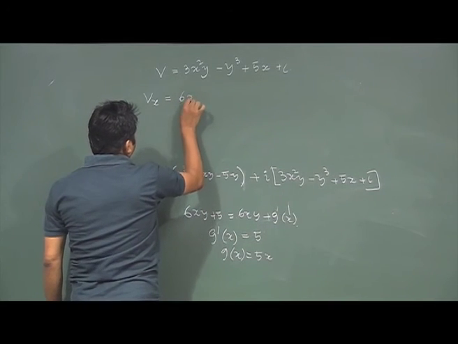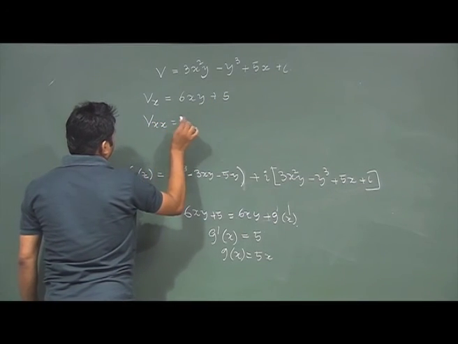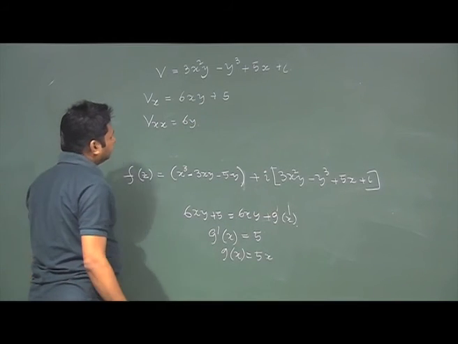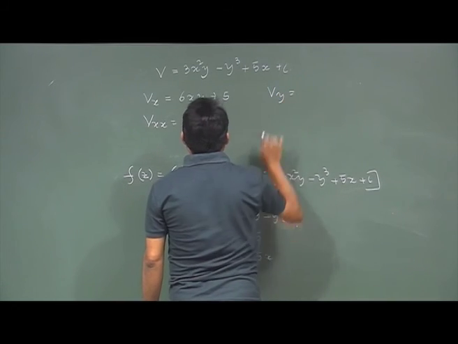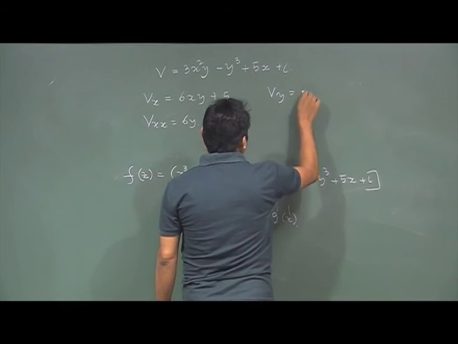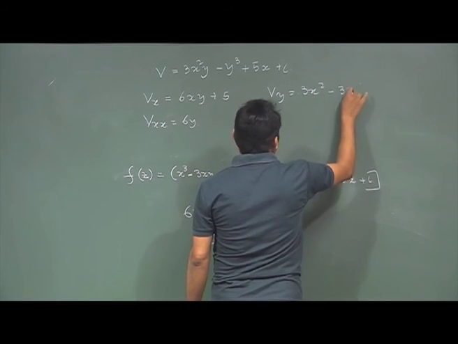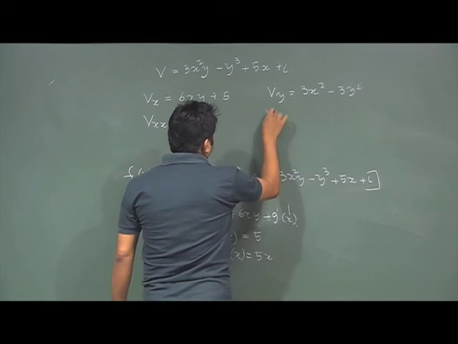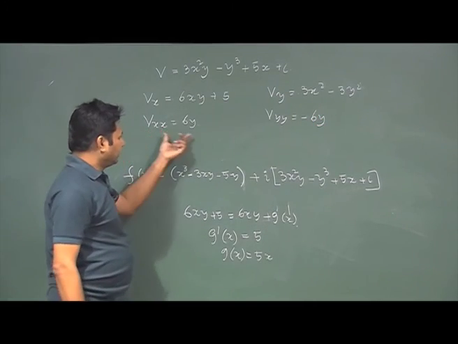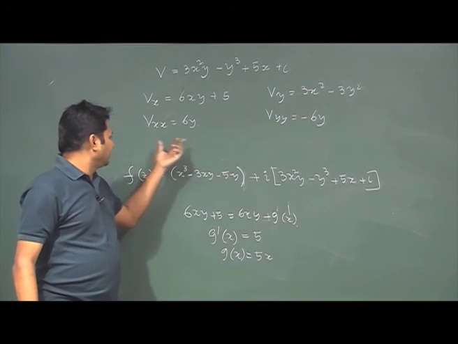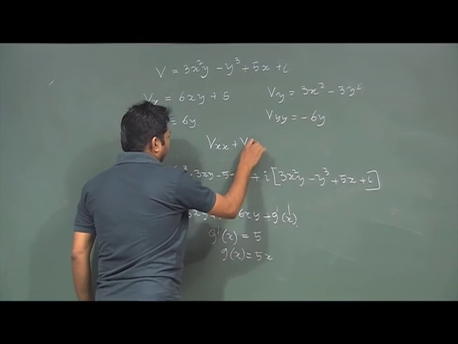So, it is 6xy plus 5, v_xx is 6y, v_y is 3x square minus 3y square, v_yy is minus 6y. So, v_xx is 6y, v_yy is minus 6y. So, v_xx plus v_yy is equal to 0.